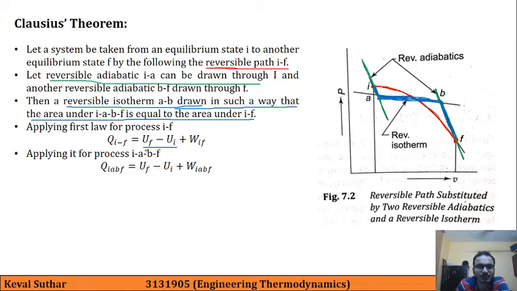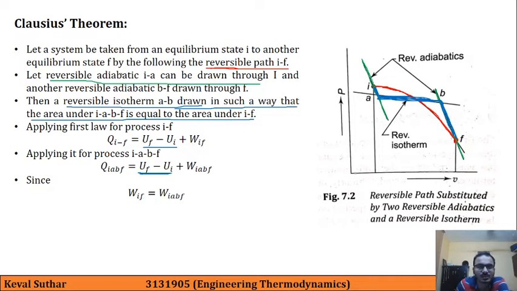If you see carefully, the change in internal energy is the same for both processes. Why? Because the initial state and final state are the same for both, and internal energy is a property of the system and does not depend on path, so the change in internal energy will remain the same. And W_IF is equal to W_IABF.